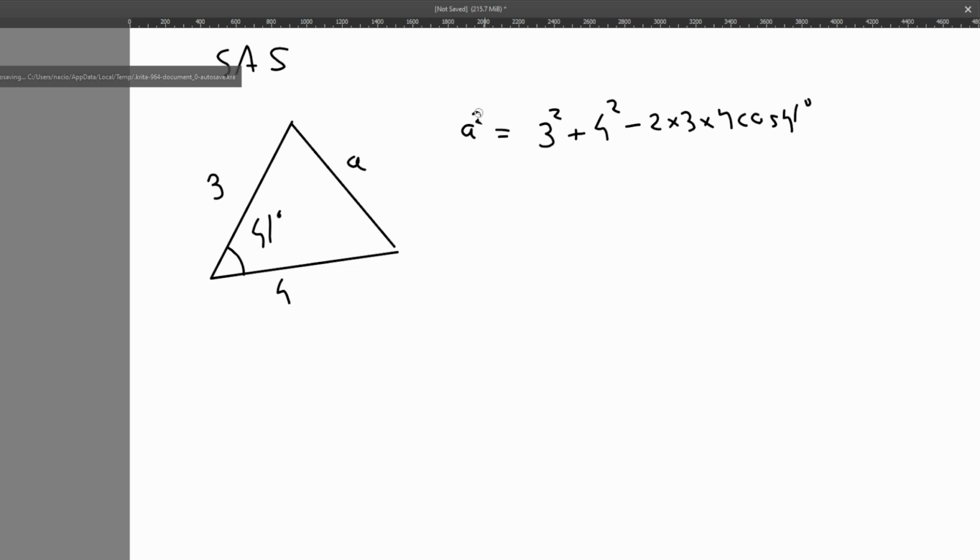We can solve for A by taking the square root of both sides and plugging this into the calculator. From then on, we can again use the law of cosines to calculate the other two angles, which solves the side-angle-side triangle.